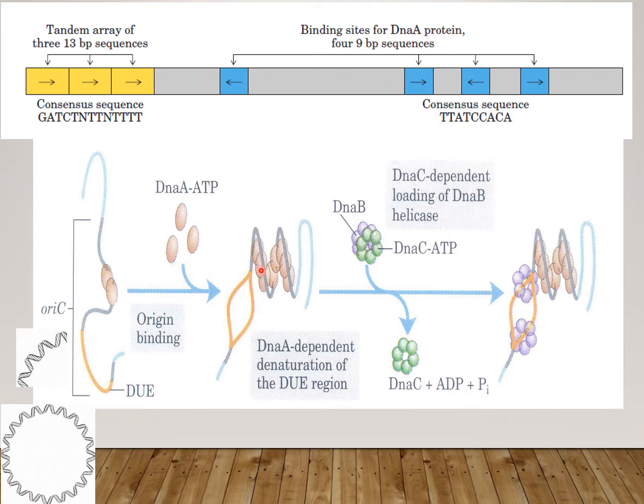So in the initiation stage, there are three main proteins: DnaA protein, DnaB protein, and DnaC protein.